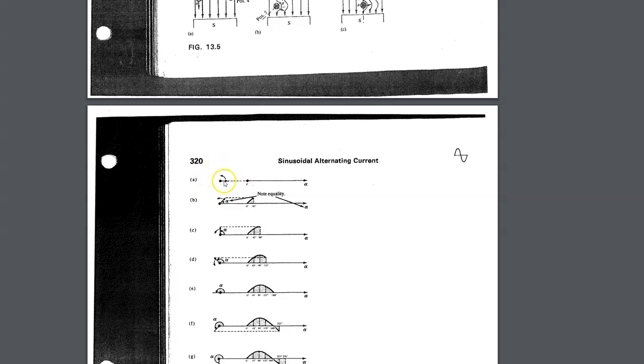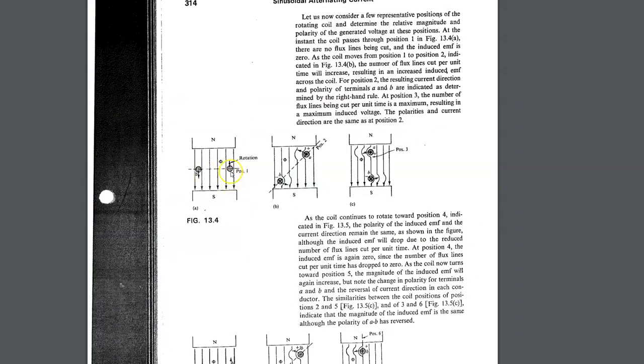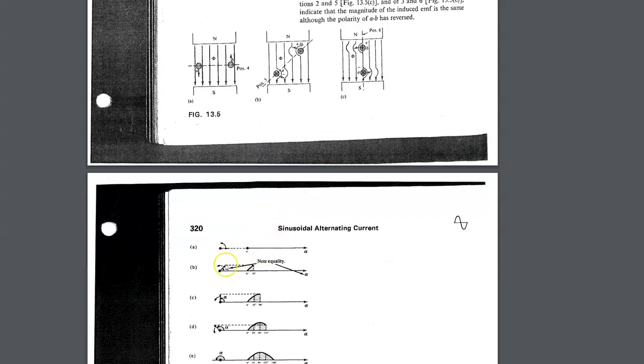But right here, that arrow is at 0 degrees. That represents the coil at position 1. And so the projection, if I shine a light on that, it's just a dot. At 0 degrees, there's no force, there's no voltage, there's no current.